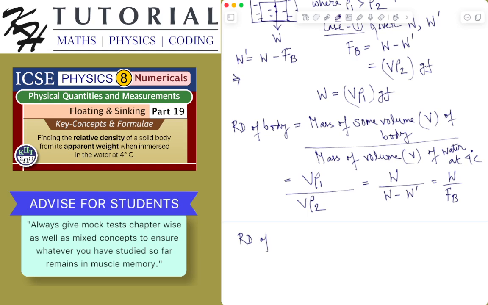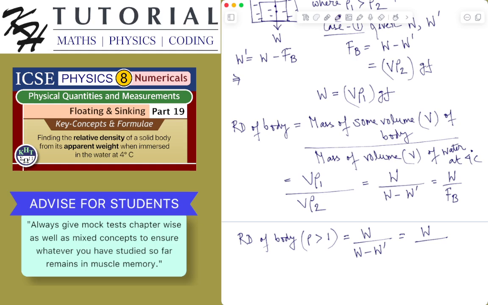The relative density of a body whose density is greater than 1, because the density of water at 4 degrees centigrade is 1 gram per centimeter cube, is equal to the weight of the body in air divided by the apparent weight of the body in water at 4 degrees centigrade, or it is also equal to W by the upthrust or the loss in weight. Please remember that FB is the loss in weight. The apparent weight W dash is W minus FB.